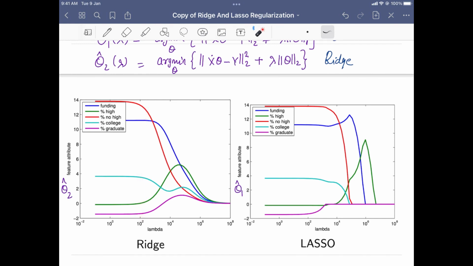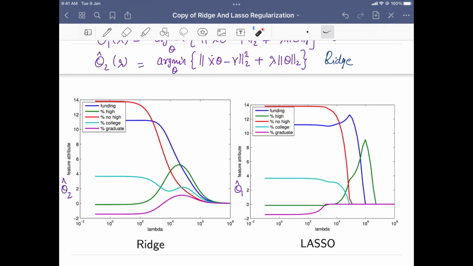And so you cannot judge which of the features are really important to decide the crime rate in the city. Whereas in case of lasso regression, if you select the lambda here at this point, you can see only the green feature is important, which is basically this high feature, and the rest of the features are all 0 at this location.